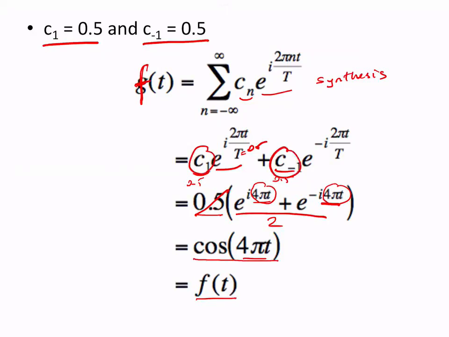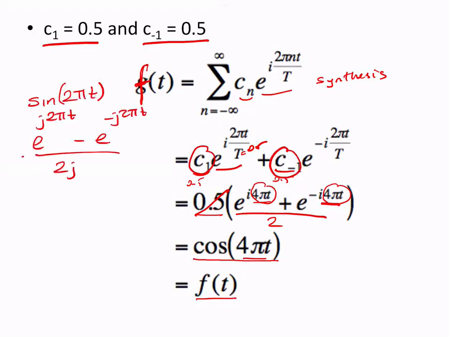For example, if I have sine 2 pi t as my signal, then I would write it like e to the power j 2 pi t minus e to the power minus j 2 pi t, divided by 2j, and this is going to be my sine 2 pi t signal.